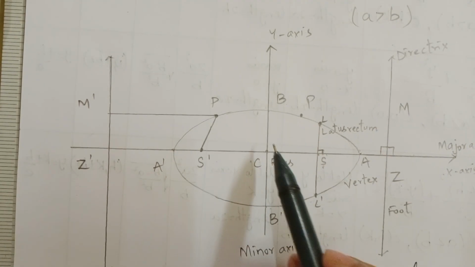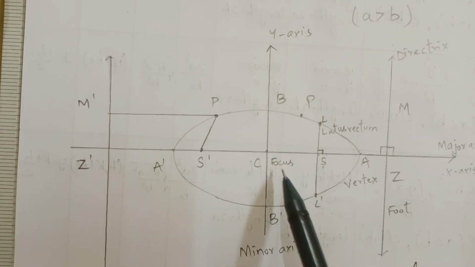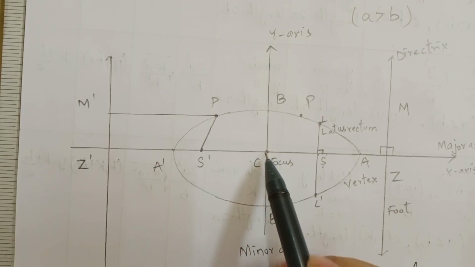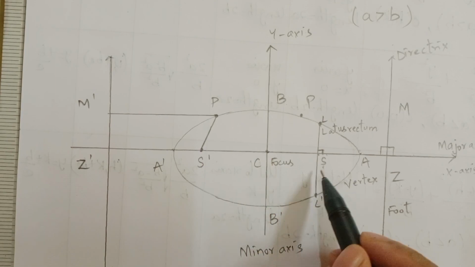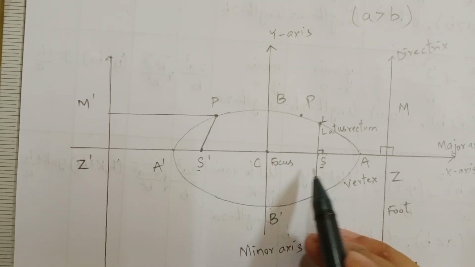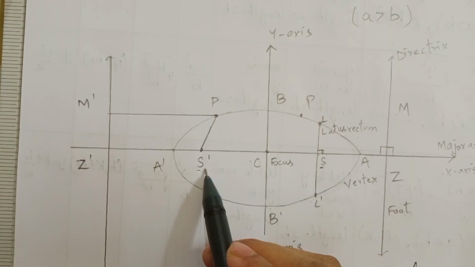Here, as we already know, there are two axes, y and x, and they meet at a point. The midpoint is called the center of the ellipse, which is the origin 0 comma 0. There are two fixed points inside the ellipse that are called the foci. They are denoted by S and S dash.